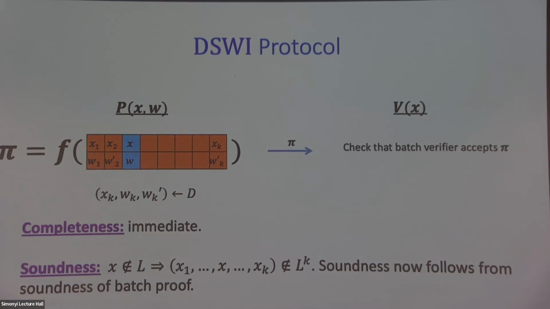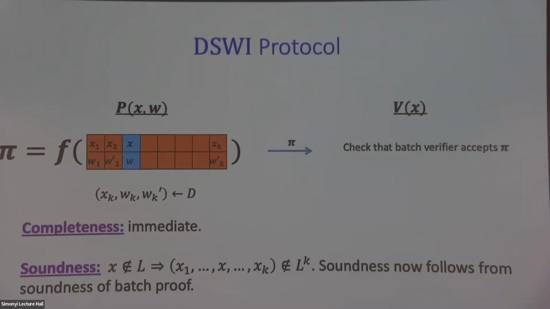This is relevant only if M is much bigger than N. Otherwise, you're sending the X's, so the communication here will scale with K. But here I don't care about communication, I only want the hiding property. I'm reducing from the batch proof to the single instance.